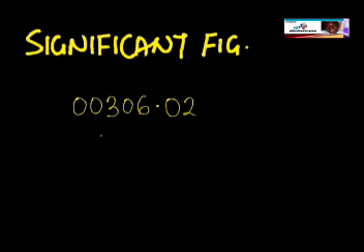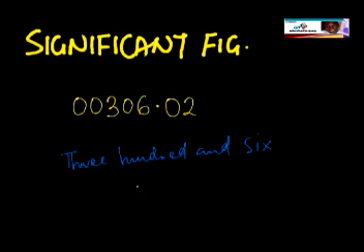Alright, we take this number 00306.02, and the way this number is pronounced is 306.02. Now the idea here is that the number is split into two parts.